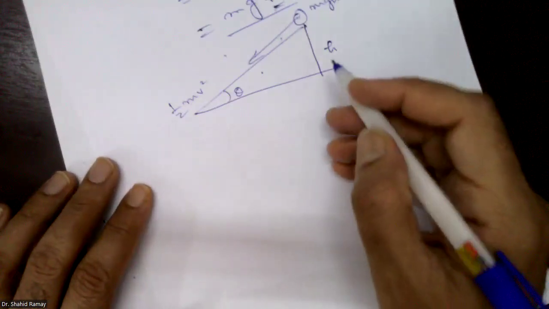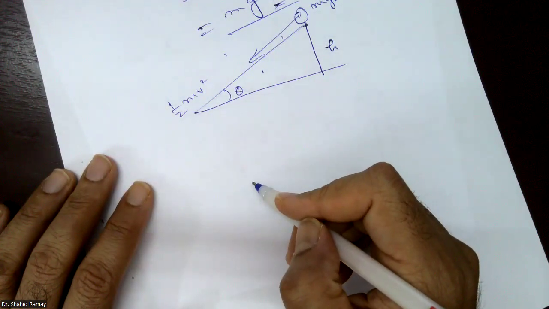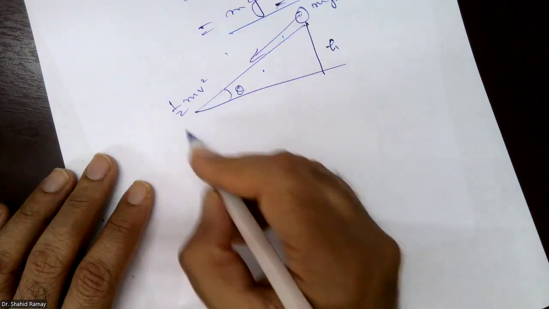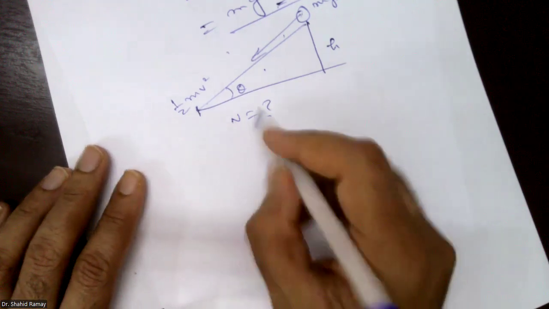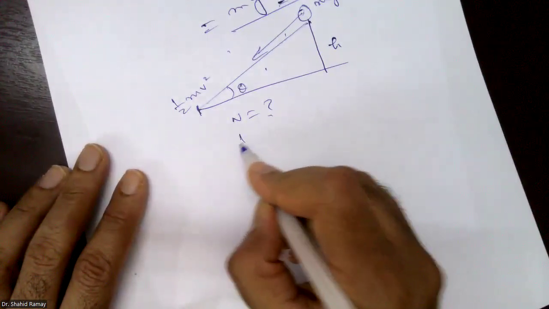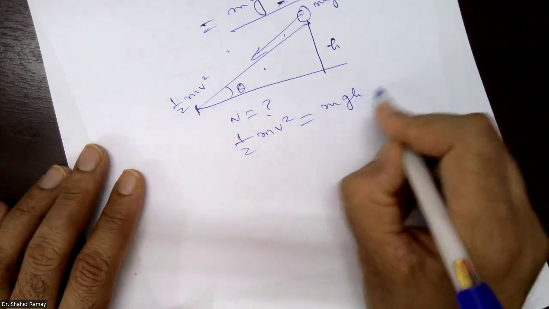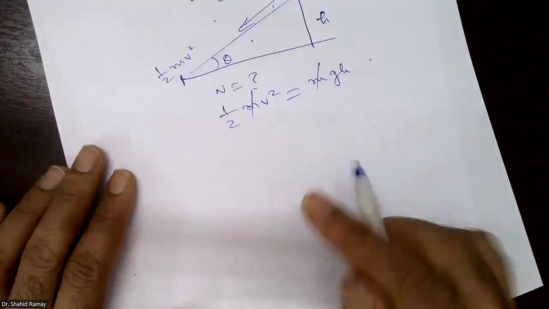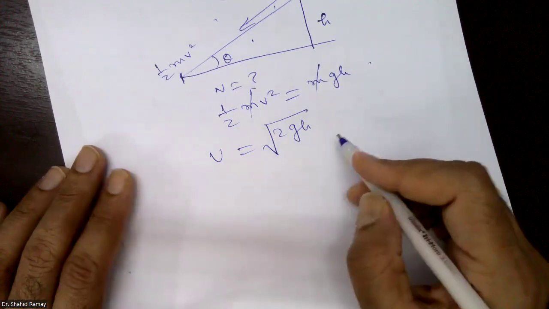According to the law of conservation of energy, potential energy is converting into kinetic energy. If we want to find the speed at this point, then we can write the equation in this way: half mv square is equal to mgh. So m will cancel with m, so v is equal to root of 2gh.